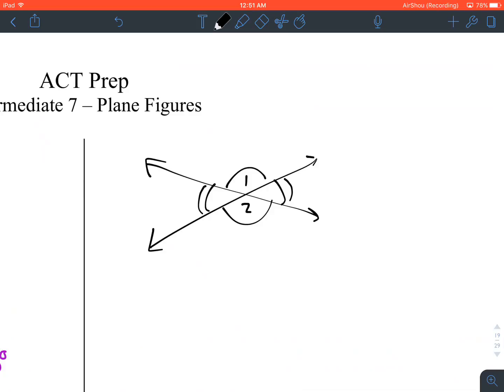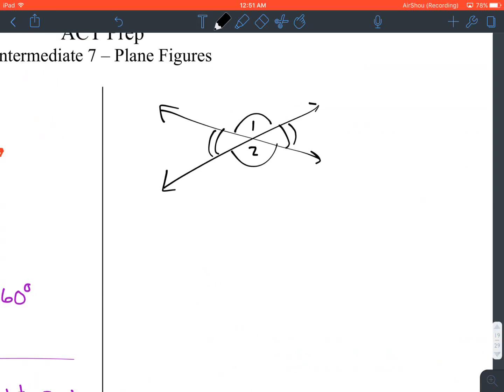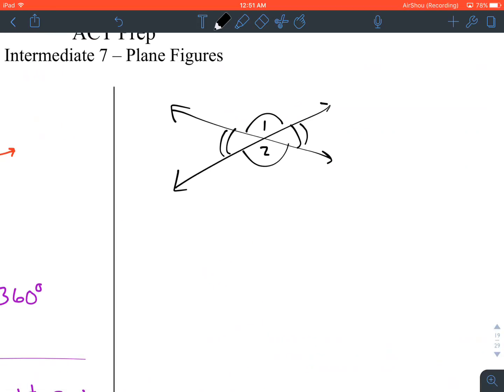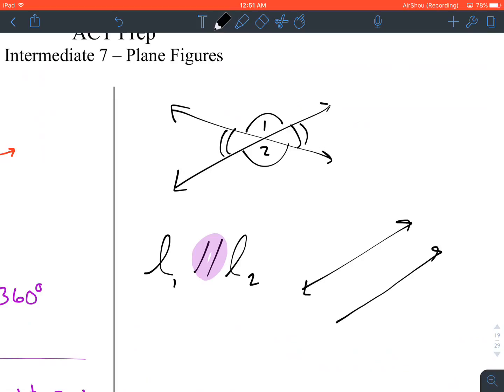Let's talk about parallel. Let's say that we're told that line L is parallel to line L2. The symbol here is parallel. That means that those two lines are in the same plane and they never touch each other. They go on forever without touching.